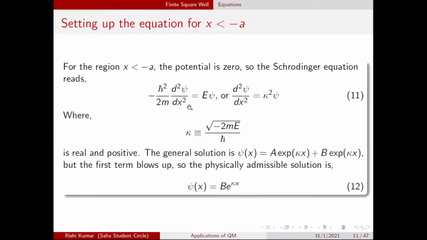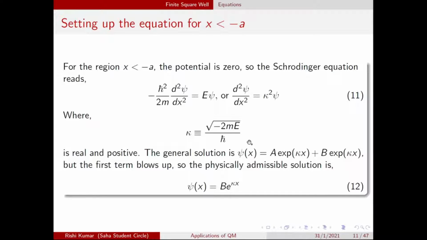It's just the Schrodinger equation, similar to the one we saw previously, where kappa is simply root of negative 2mE by h bar. So kappa is real and positive. The general solution to this differential equation is psi of x equals A exponential of minus kappa x plus B exponential of kappa x. Sorry, it's kappa.